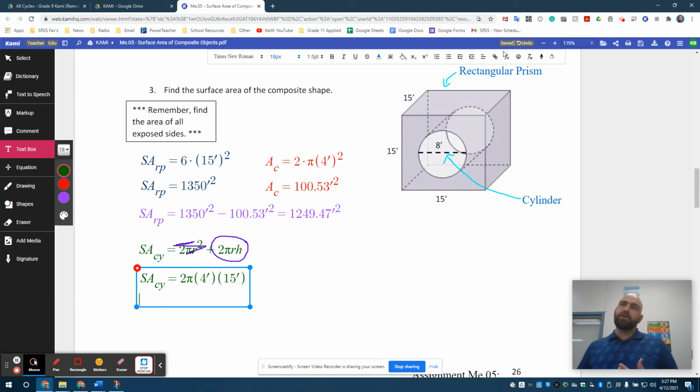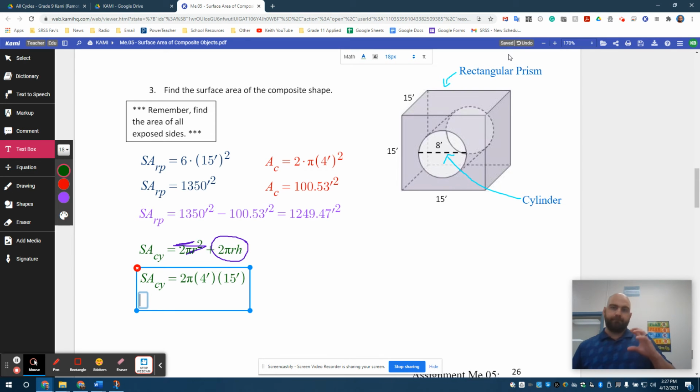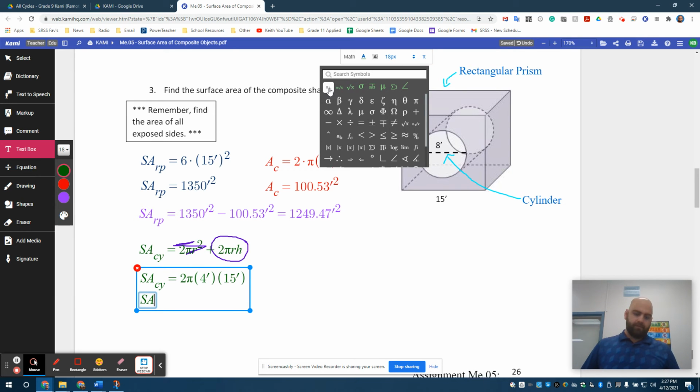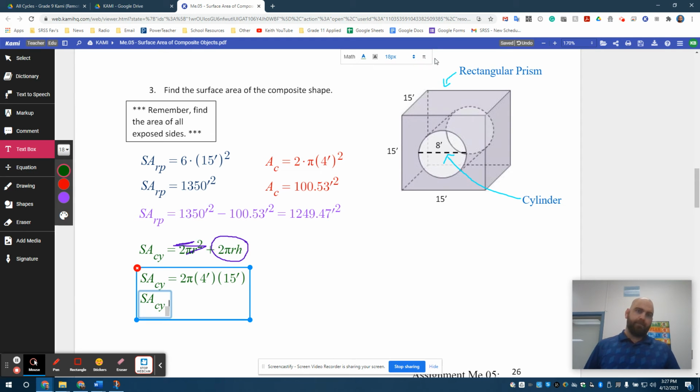And this is going to be added onto our total surface area. So the surface area of the cylinder is equal to 2 times pi times 4 times 15, which is 376.99 feet squared.